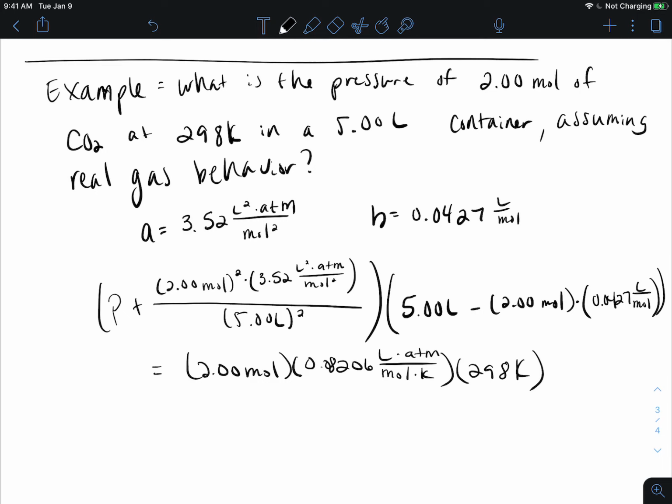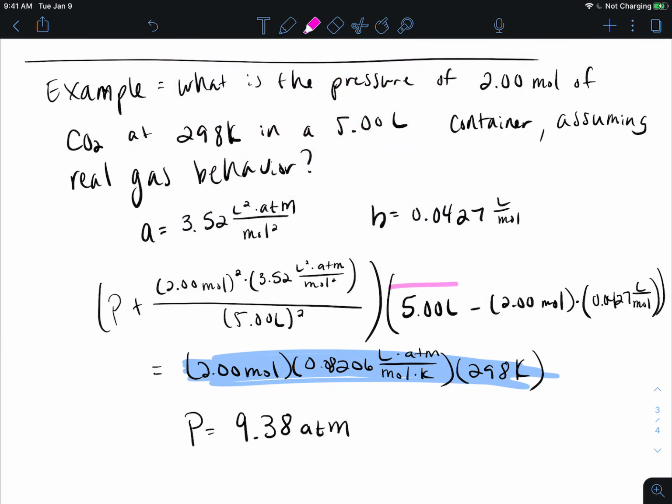Okay, I want you guys to try this math out. Make sure you put it in your calculator. At the end, you should get a pressure equal to 9.38 atmospheres. Okay? So, the steps you should take, in my opinion, solve for this first, and then divide by the value you get here.